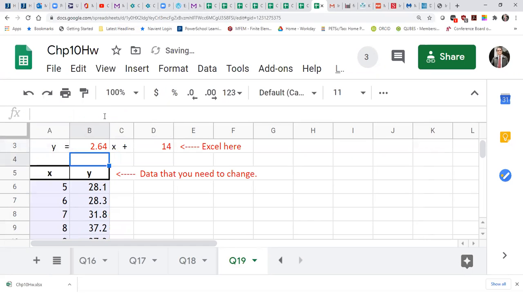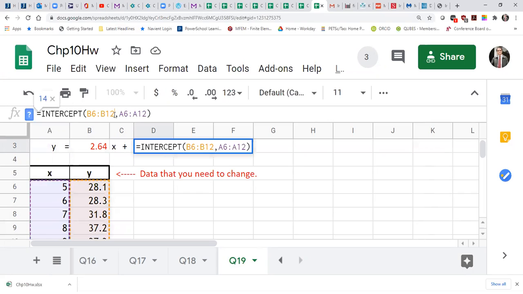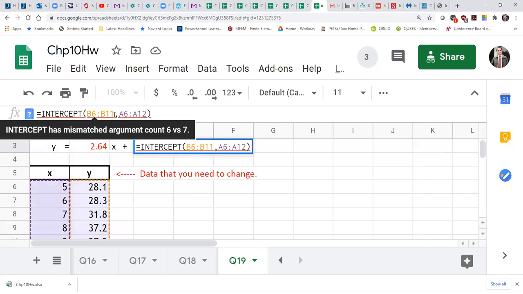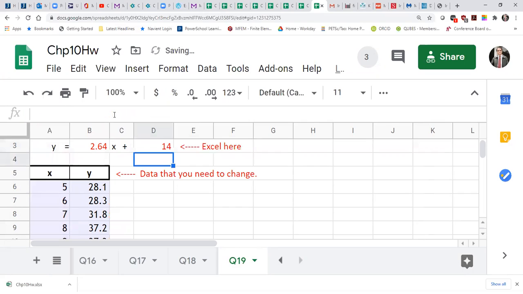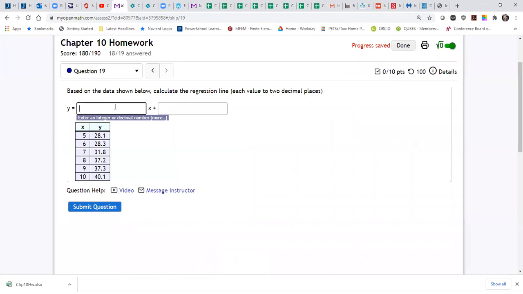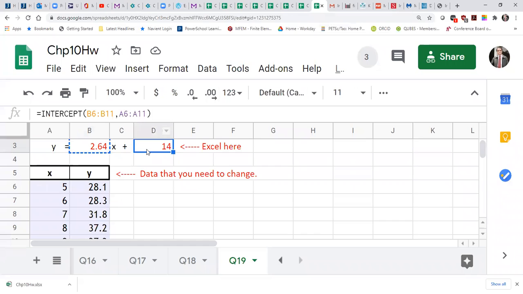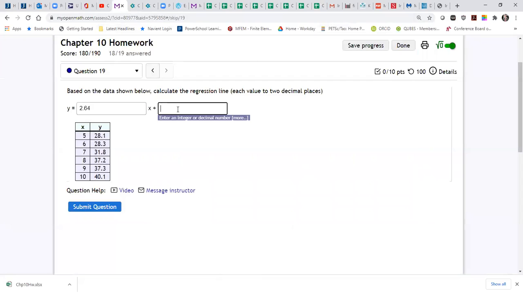The slope is for the slope, and the intercept is for the intercept. So from B6 to B11, and then from A6 to A11. So this will be the gradient, put it here, and the intercept, put it here. And then submit it.